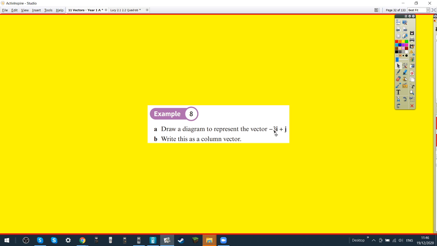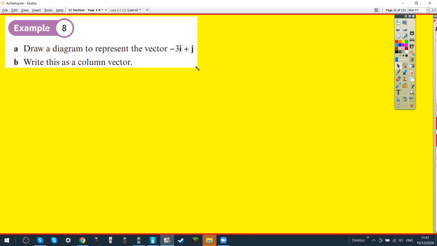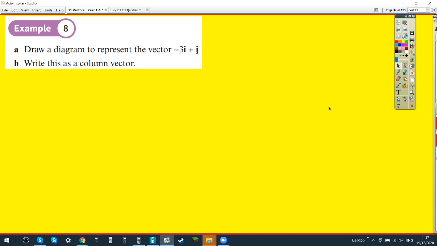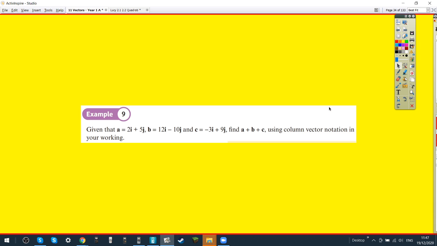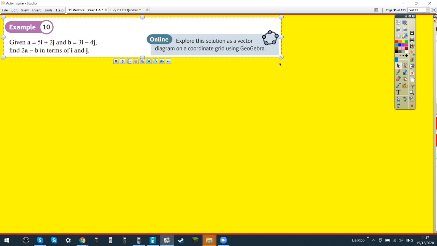Okay, i and j. Right. How would you represent this thing? Could you draw a triangle? Yeah, 1 second. 2A minus. This one's not bad. I just want to do this one first.